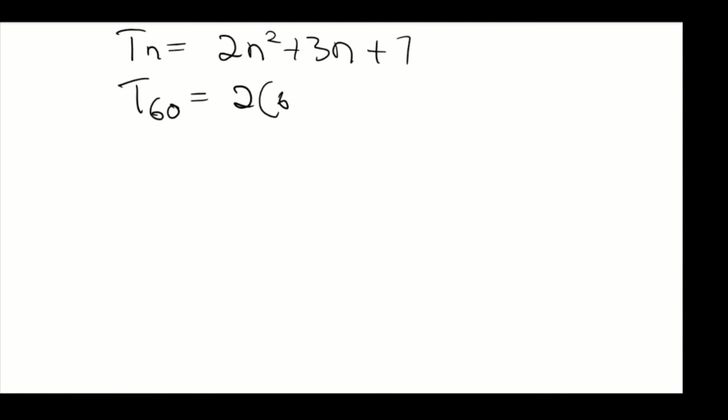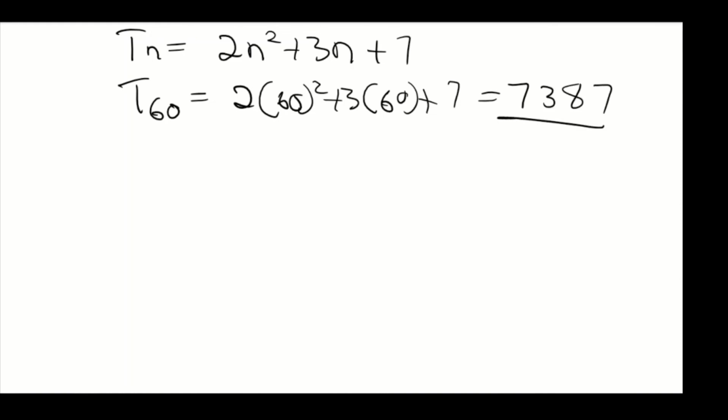We know very well that the general term of the quadratic number pattern is T n equal to 2n squared plus 3n plus 7, and we want T of 60. Where there's n, we substitute 60. So it's 2 into 60 squared plus 3 into 60 plus 7. You use the calculator, and the solution you should find is 7,387.